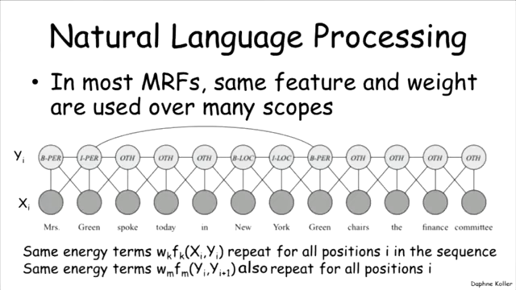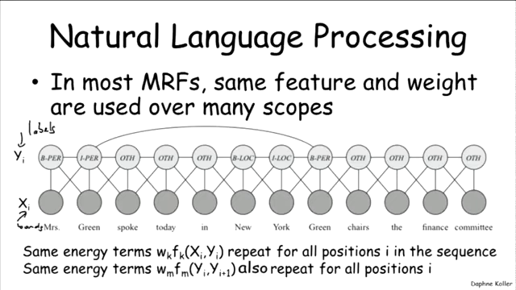In the natural language processing example that we have used previously, we again have parameter sharing. As a reminder, these are the actual words, and these are the labels for the words.